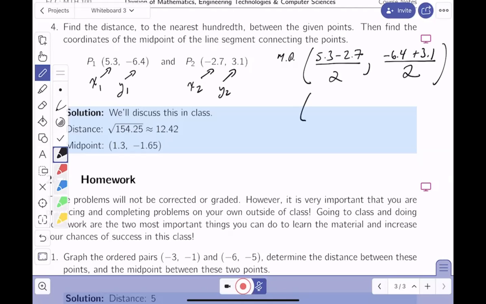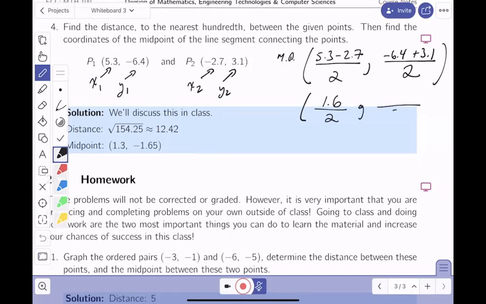What do you get over here? 5.3 minus 2.7. Well, let's see. I got a 2 on the bottom for sure. That's not a problem. 5.3 minus 2.7, 1.3, 1.6. I'll do that later.